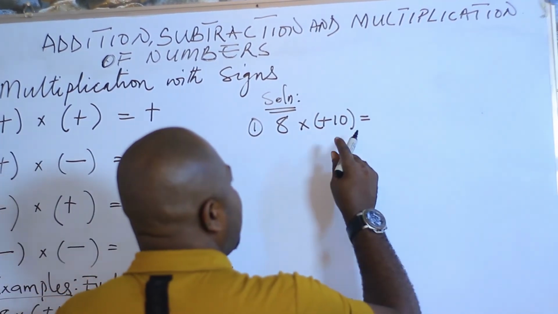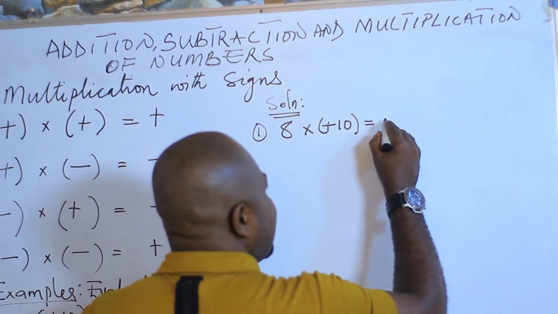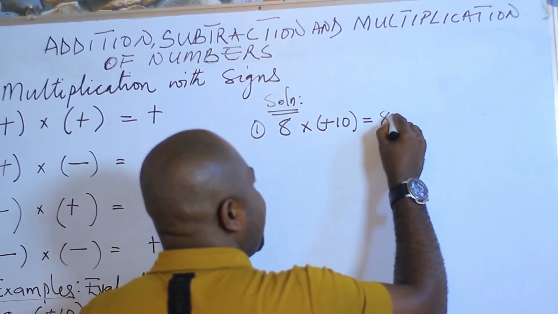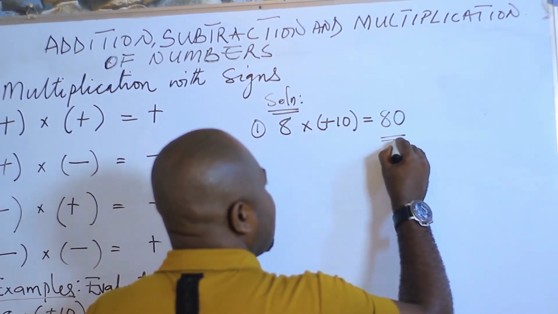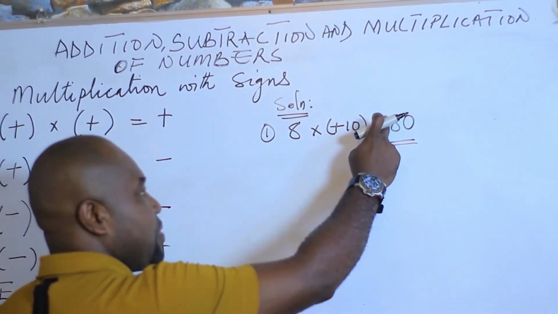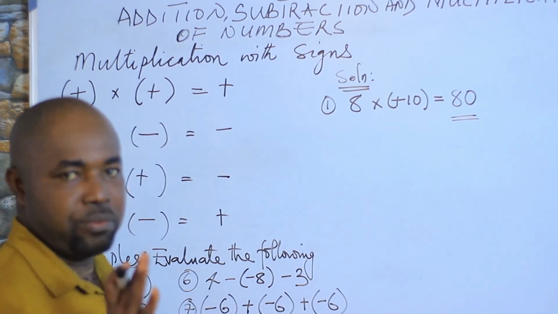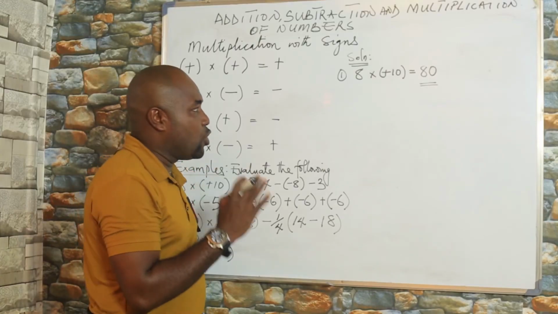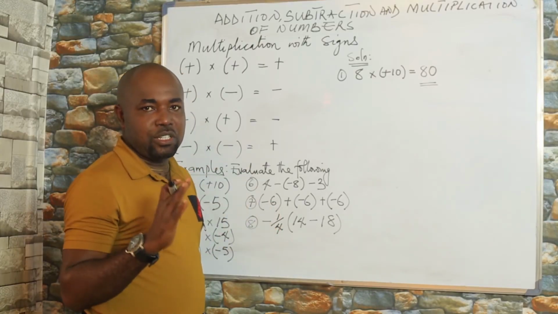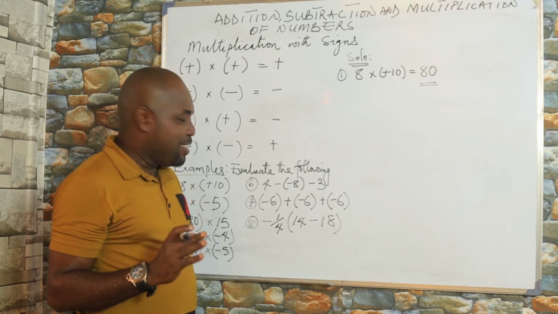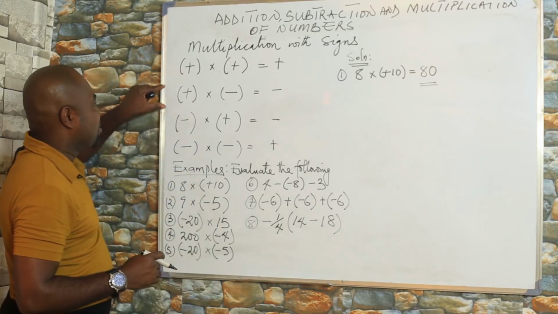The answer will be 8 times 10 is 80. It will be positive 80. Whether you put the positive sign here or not, it is positive. It is assumed to be what? Positive. Am I communicating?